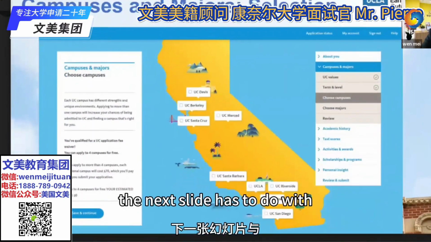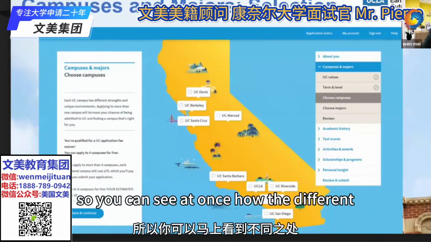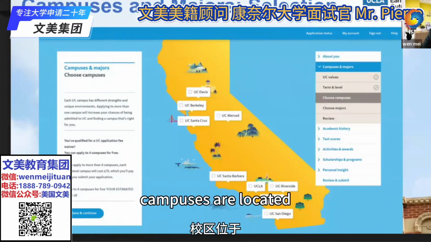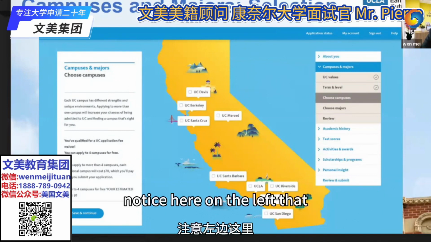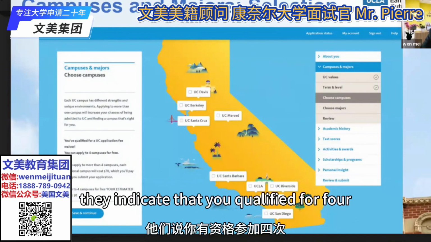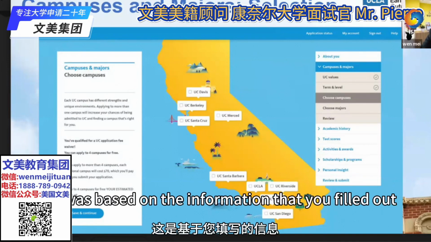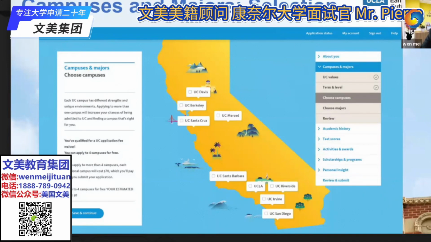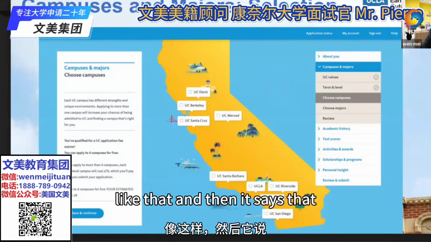The next slide has to do with the geography of the different campuses. So you can see at once how the different campuses are located, and you do have to indicate your selections. Notice here on the left that they indicate that you've qualified for 4 application fee waivers. Of course, this was based on the information that you filled out beforehand relating to household income and things like that.